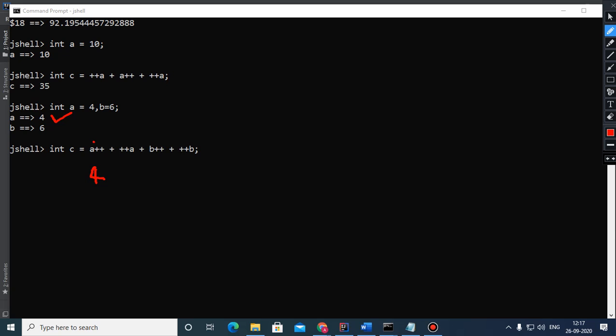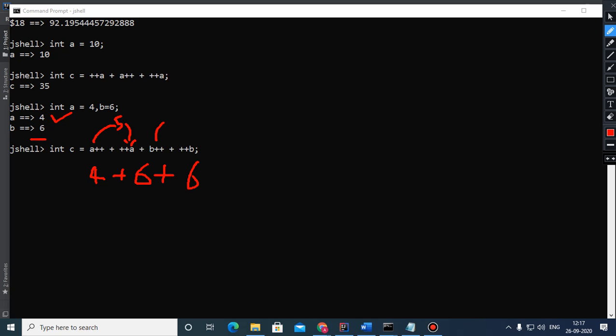And when control transfers here, the value becomes 5 before it reaches this place, and when it reaches this place the value becomes 6. And now the value of b is 6 here, and initial value of b is 6, we are using 6.